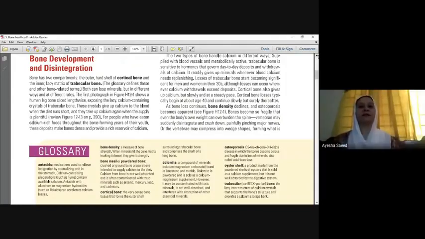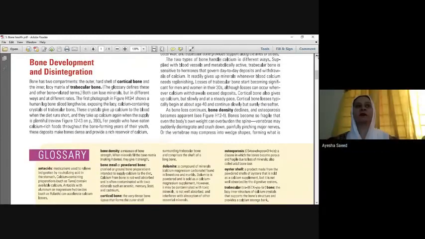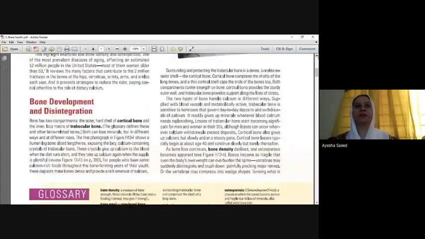For people who have eaten calcium rich foods throughout the bone forming years of their youth, the bone forming years are from a young age till the age of 30, these deposits make bones dense and provide a rich reservoir of calcium. So, this acts as a bank of calcium.